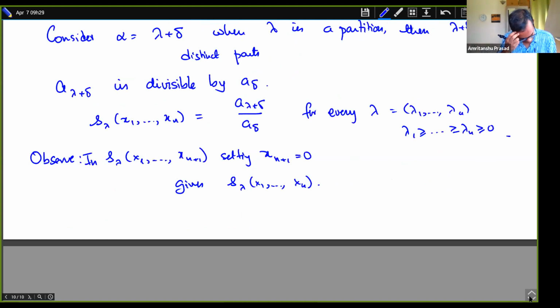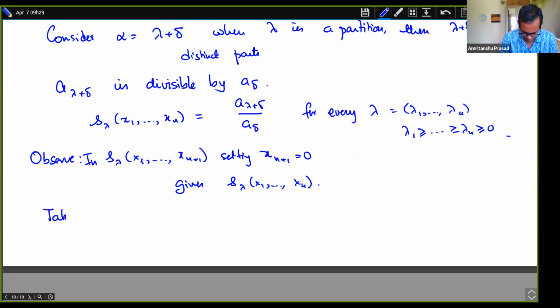So I'll leave that also for you to check. And so what we get is taking the limit as n tends to infinity. Letting n go to infinity in the usual way gives S lambda, a symmetric function.